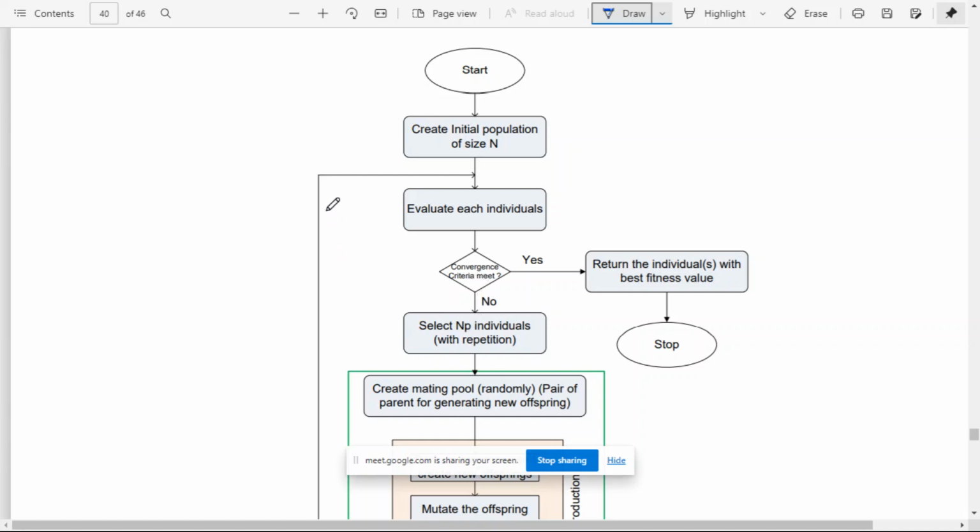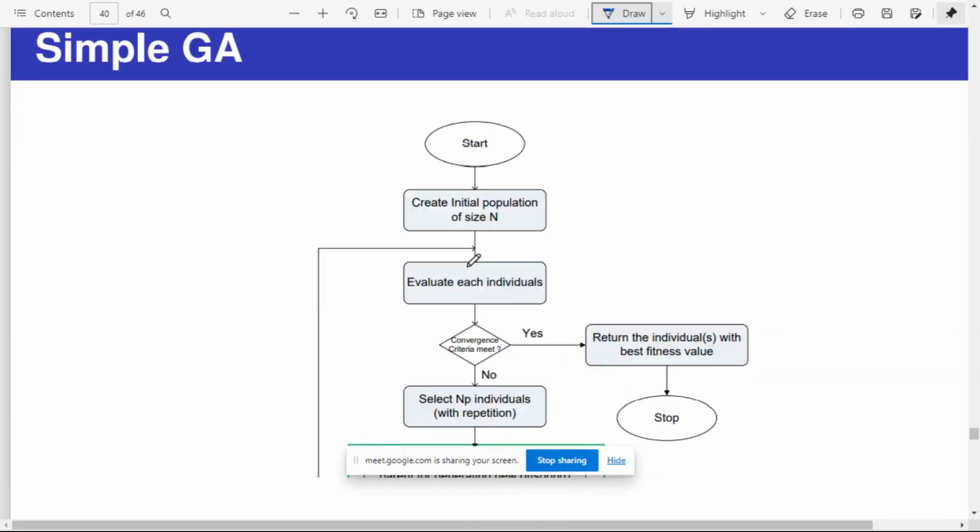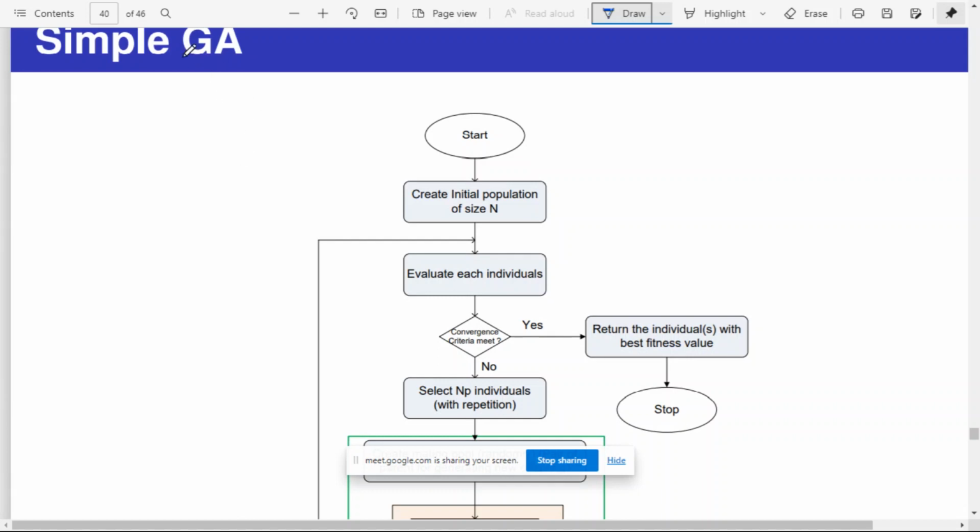Then, once the new offspring is created, again we check whether convergence is met or not. If convergence is not met, then once again we will identify a mating pair, and we will create a new offspring by crossover or mutation, or crossover, mutation, and inversion. Like this the process continues until we get a convergent solution, right? So this is the generic working principle of a genetic algorithm. This flow chart explains the working of a simple GA, the simple genetic algorithm. Okay.